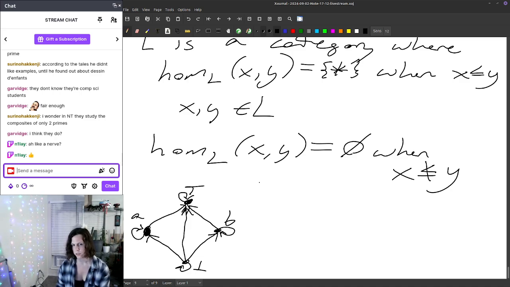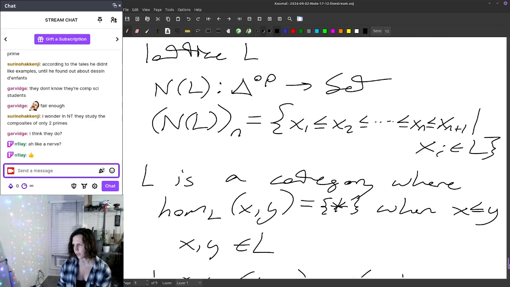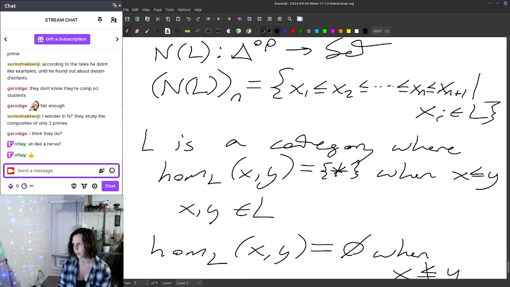Categories have nerves. The nerve of a category is exactly like this, except instead of x1 less than or equal to x2, and so on, you have a sequence of morphisms from maybe an object a1 to a2. So you have a sequence of composable morphisms. You have n composable morphisms that make up the n-dimensional cells.